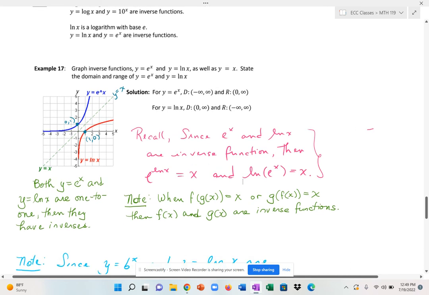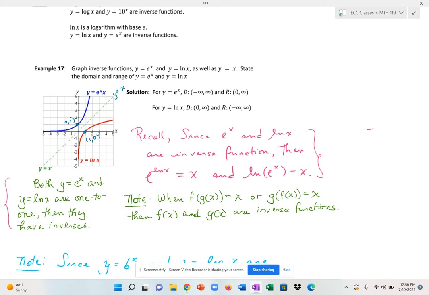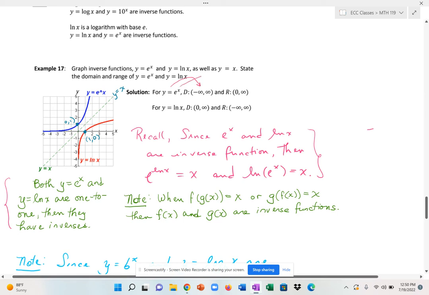So remember, just to remind you why we have inverse functions, both exponential functions like e to the x and logarithmic functions like ln of x are one-to-one. When you have a one-to-one function, they will have a corresponding inverse. The domain for your exponential is all real numbers. The range is all positive numbers.